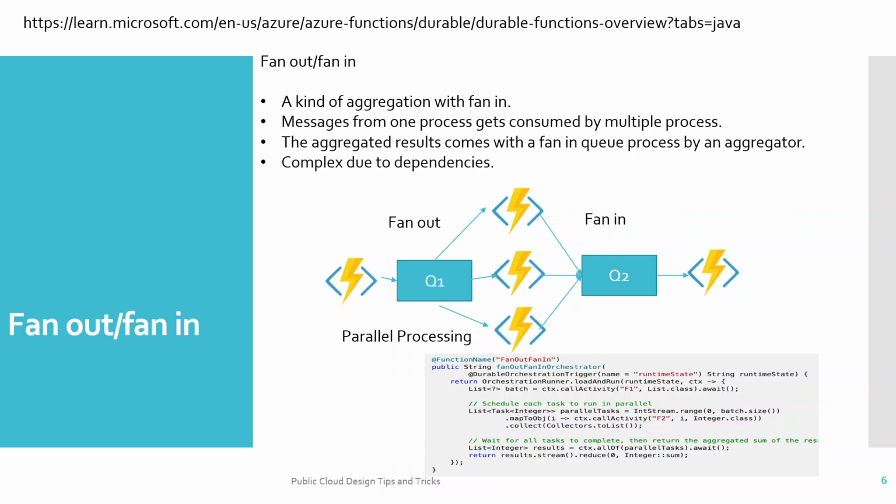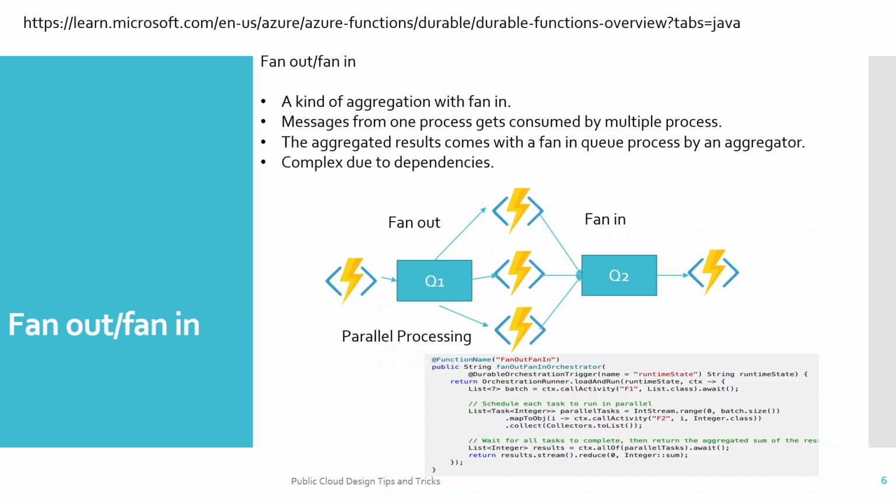Once all the messages are processed within the parallel processing, the results go to q2, and from q2 all the aggregated messages are consumed by the aggregator function, or the aggregator function itself aggregates the output from the middle functions. That is how fan out and fan in works.